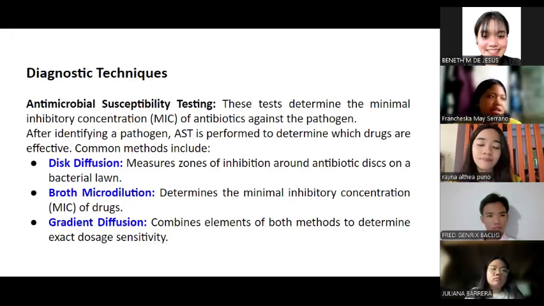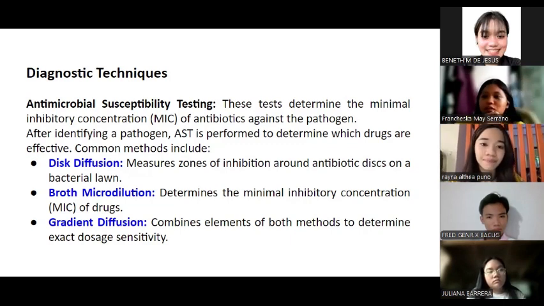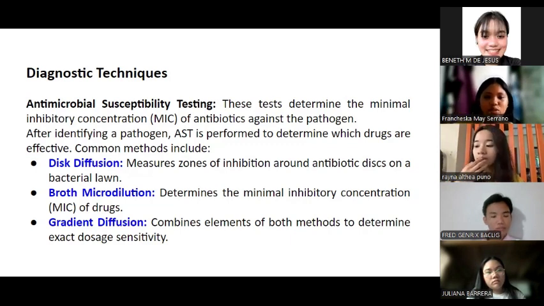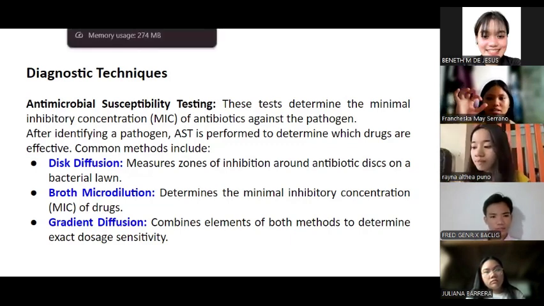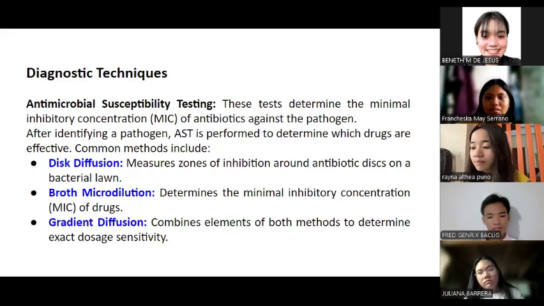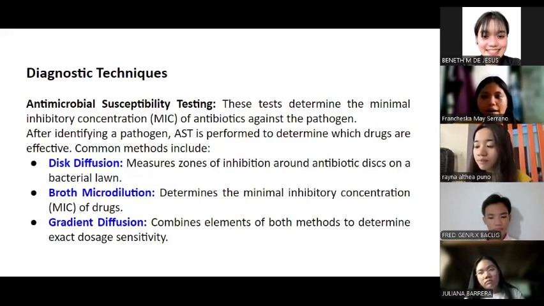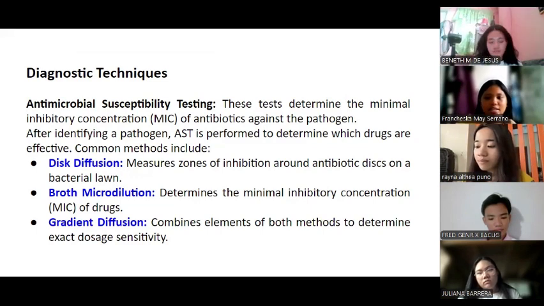Just a relation from our previous experiment, which is experiment 8, the antimicrobial susceptibility test. What we did was disc diffusion, where small discs of antibiotics were placed on a petri dish with MHA and specific microorganisms.